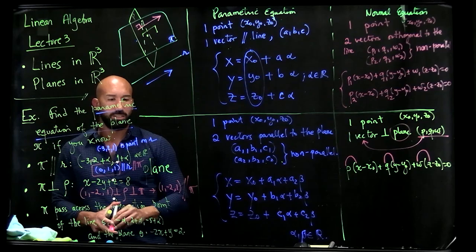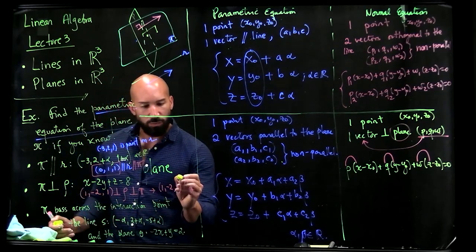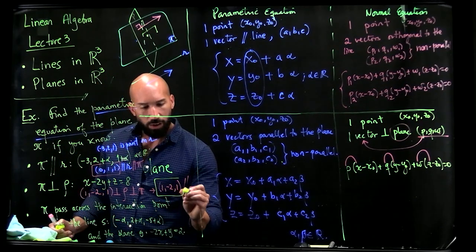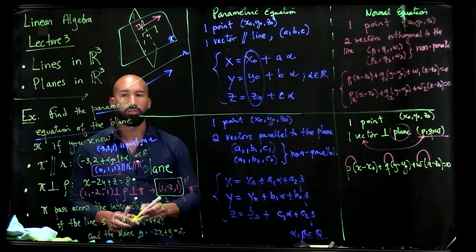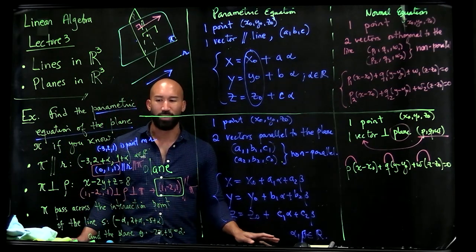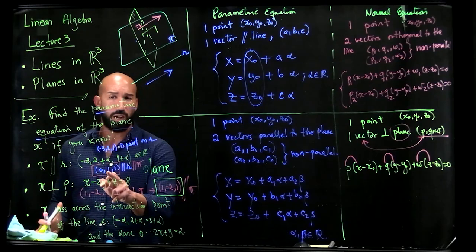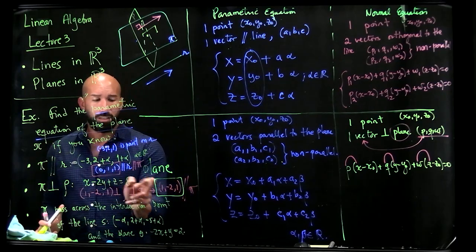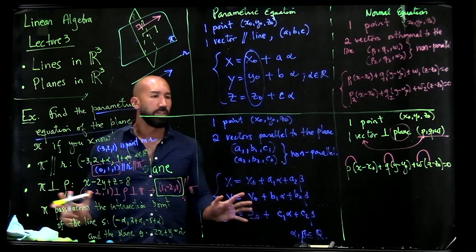Is that okay? So I have a second vector parallel to pi. I have the two vectors that I need. These two vectors are non-parallel.